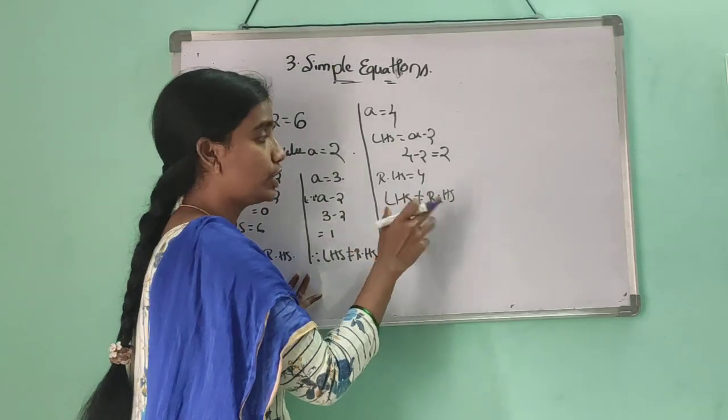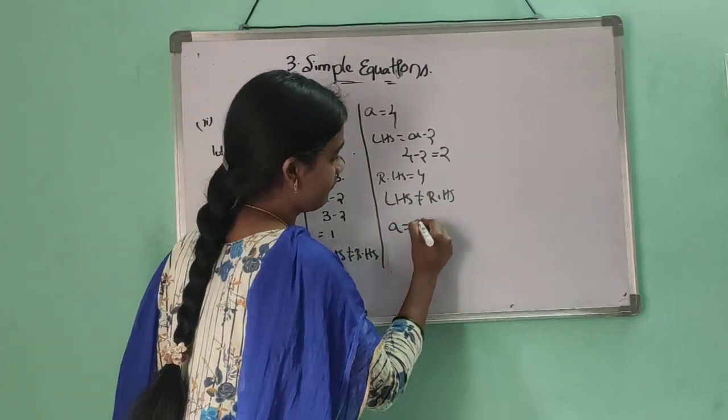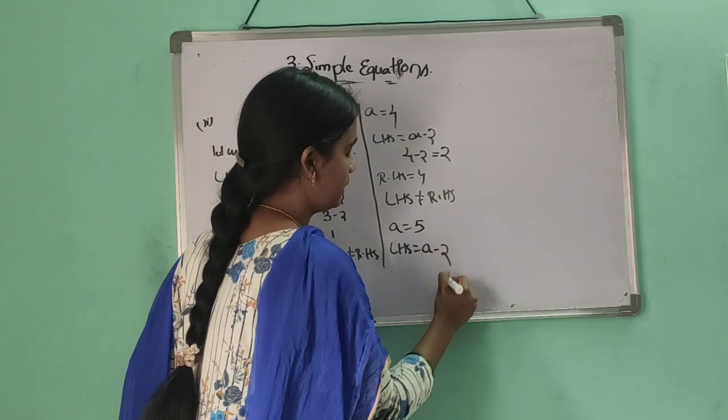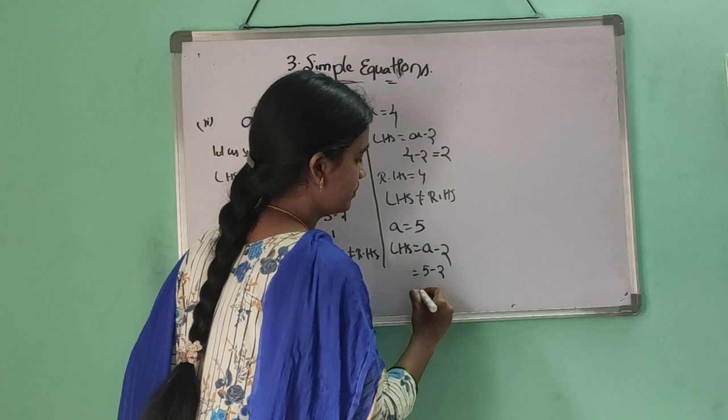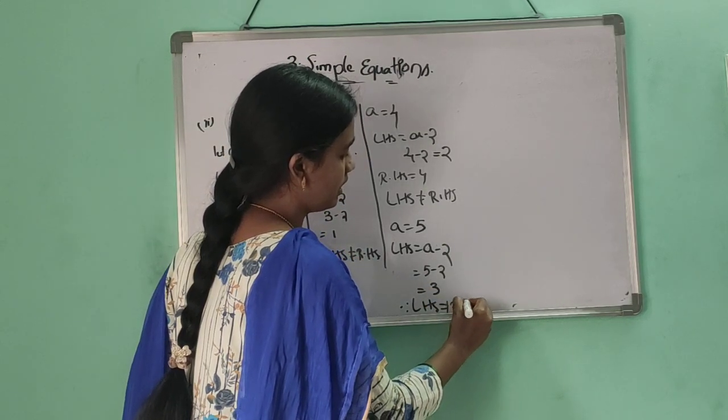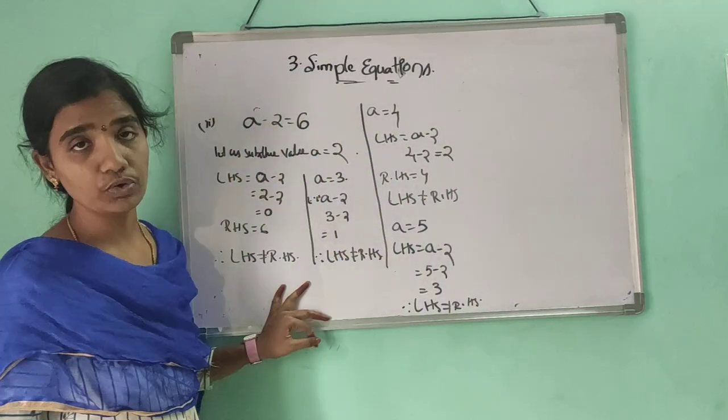We need LHS equal to RHS. So let us check with 5. A value 5. LHS equal to A minus 2, 5 minus 2 equal to 3. It is also the same. LHS is not equal to RHS. Let's go to 6.